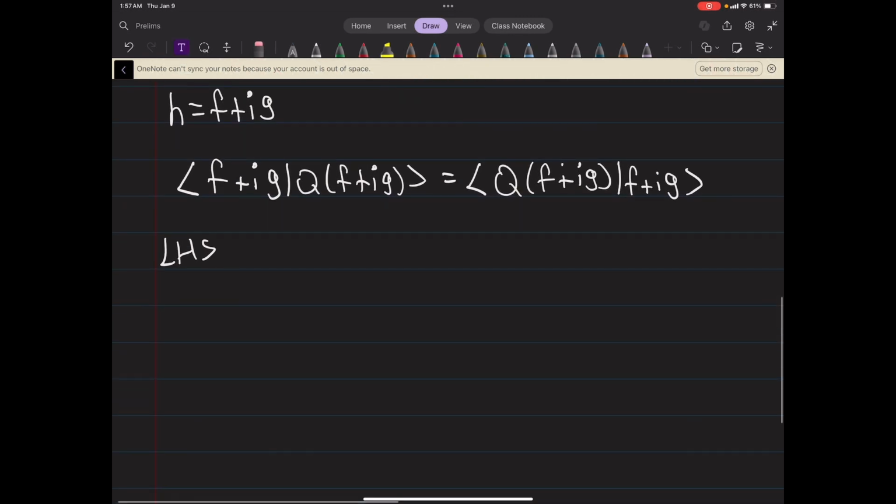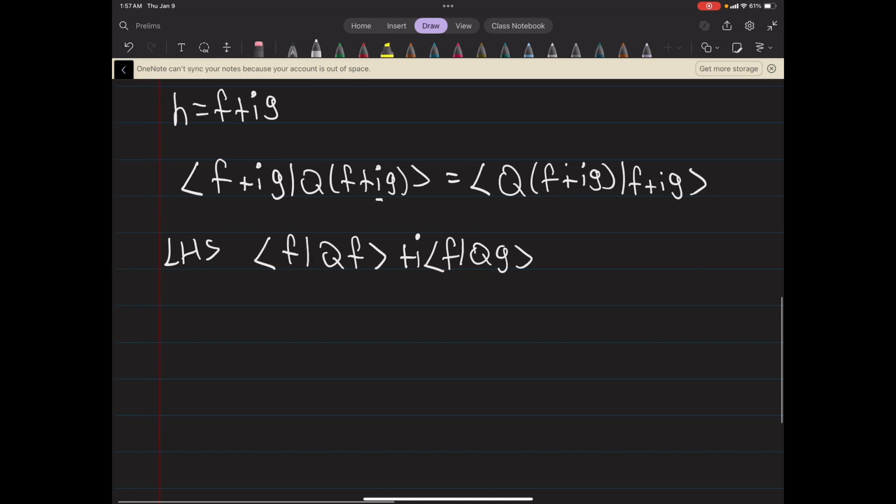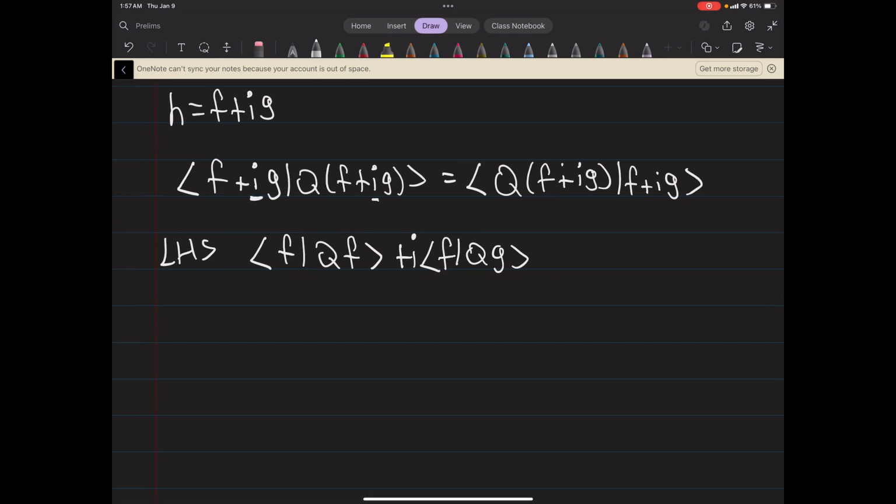you'll get something very similar, except now we have an I. Now the only thing you want to keep in mind here is when we're doing the bra F ket G1, your I will be positive because your I is in the ket there, which is important because in the other case, when we distribute this over, that's in the bra, so we have to remember to take the complex conjugate of that.